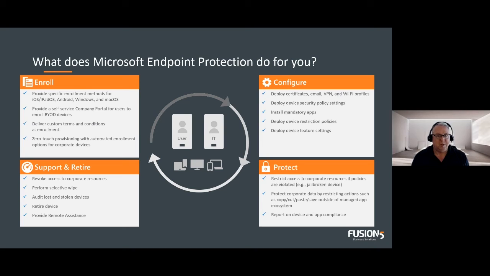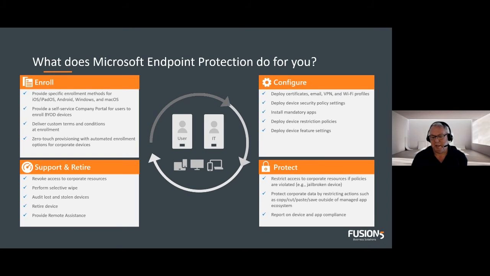So we want to make sure from an endpoint point of view that when a device gets to the point where it can no longer be upgraded to a certain OS, or there is a security patch where it can no longer be applied, that we're able to actually revoke access from that endpoint to our corporate resources, potentially perform a selective wipe, and by selective wipe we mean remove the data that belongs to us, not the whole device, and potentially to retire the device or provide remote assistance. And that's part of the larger endpoint protection picture we have.